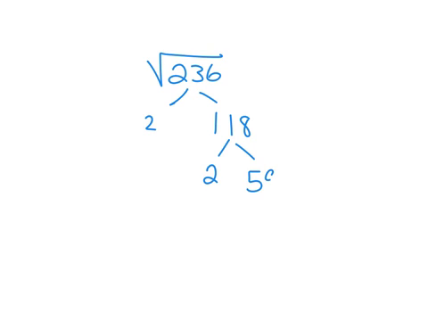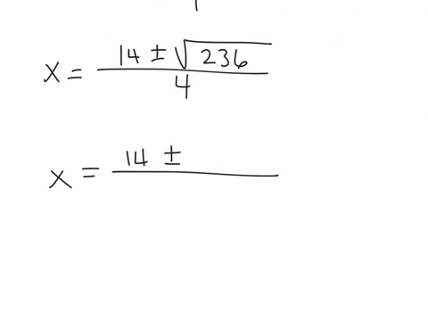We're going to factor 236. It's 2 times 118, and 118 is 2 times 59. And 59 is prime, I think. So we can see that 236 is 2 times 2 times 59, over 4.